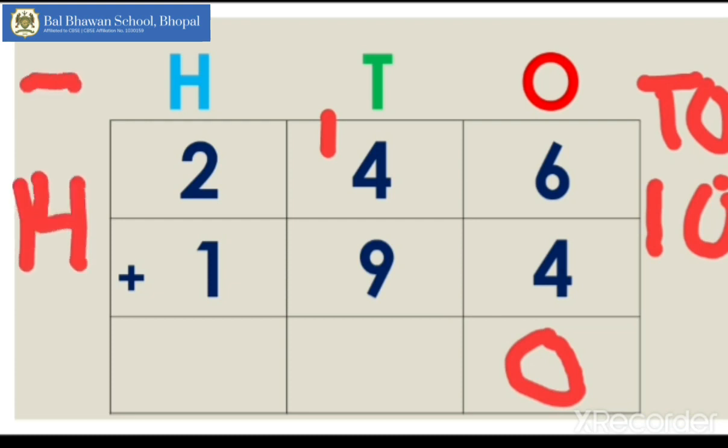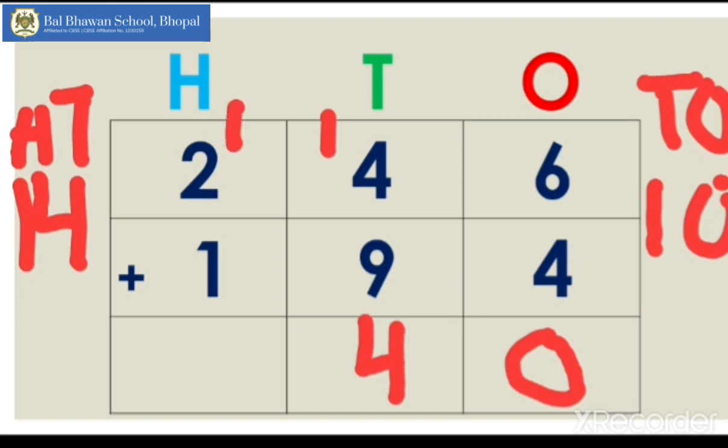Now again we are getting a 2-digit number. So this 4 is at tens place and 1 is at hundreds place. So this 4 will be written under tens place and this 1 will be given as carryover at hundreds place. Okay.